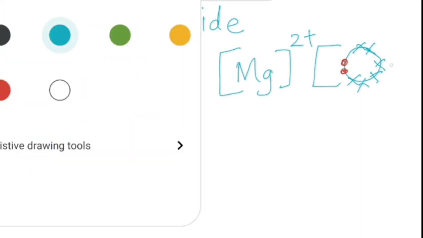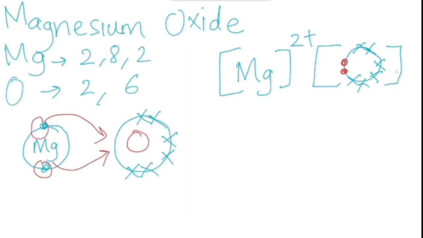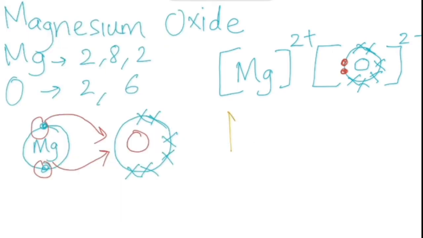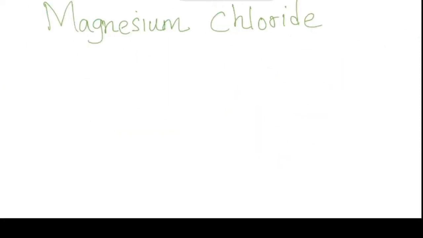So this will be the dot and cross diagram of magnesium oxide, and the formula of magnesium oxide will be MgO. Since the charge of magnesium is Mg2+ and the charge of oxide is 2-, the charges will cancel out and the final formula would be MgO.